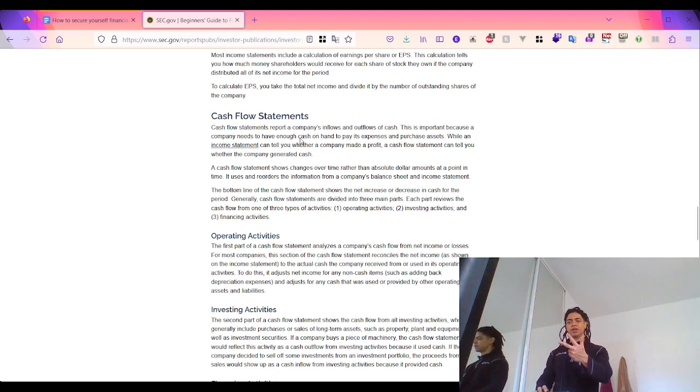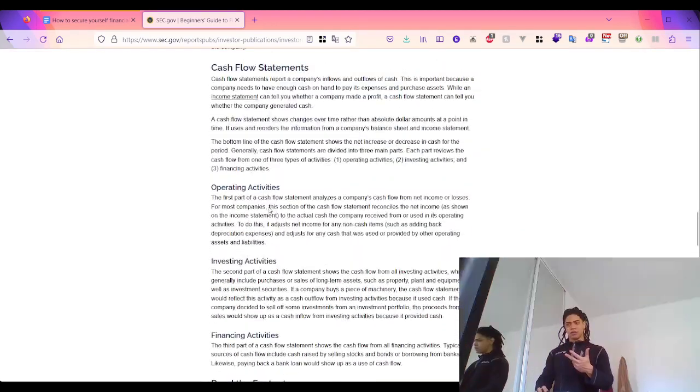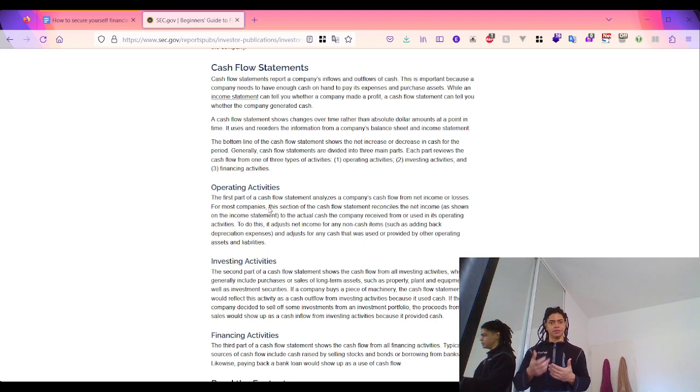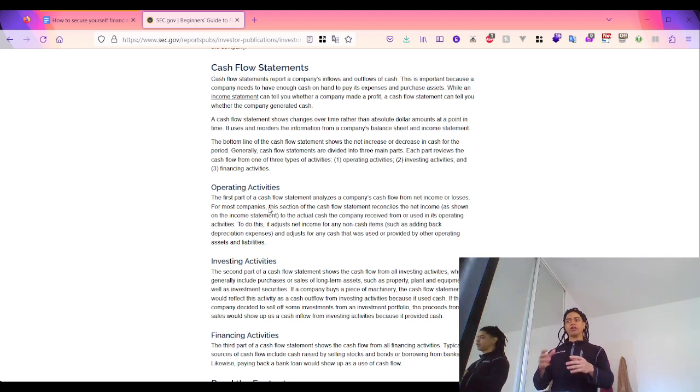And this is something very, very important to understand, because even though you see yourself as a business, this is how you can start to develop a sense of that. So with the cash flow statement.